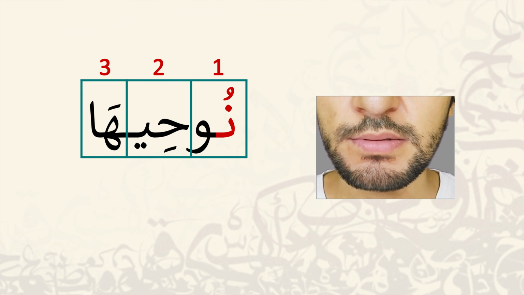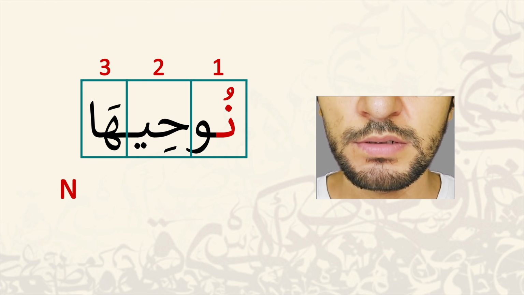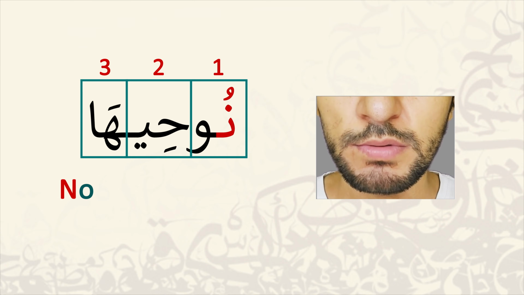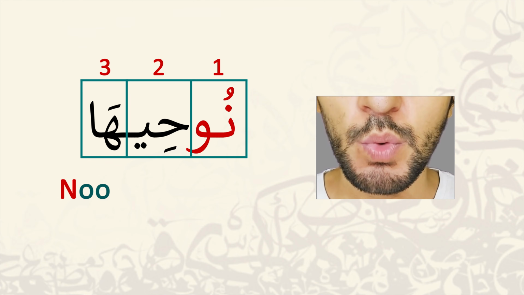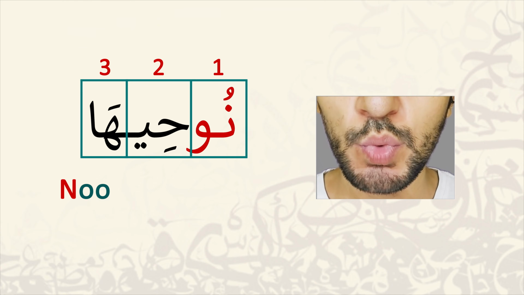The first sounds like N, and it has Dhamma, so it becomes Nu. And the second letter in this syllable is a consonant Waw, which gives the sound O again. So the first syllable is Noo.